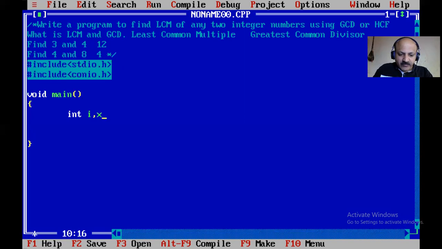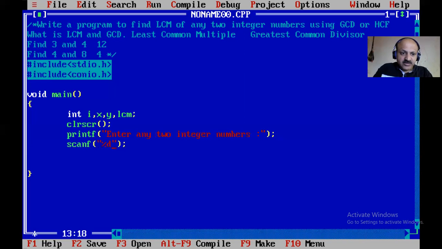So x and y, or you can take n1 and n2, and then LCM is our variable. Now we can scan. The declaration is complete.